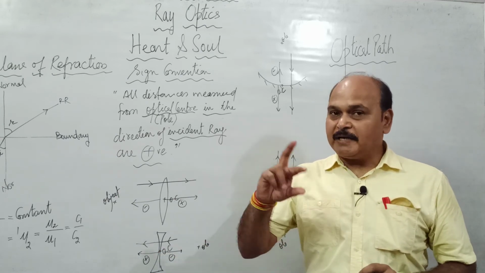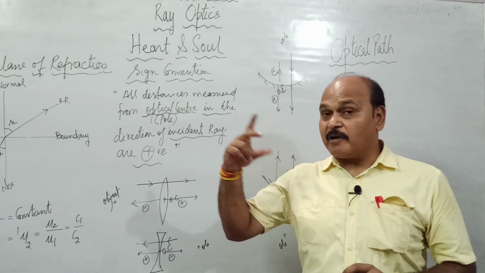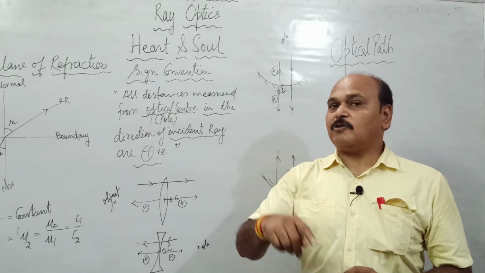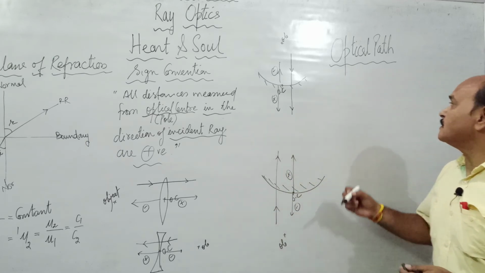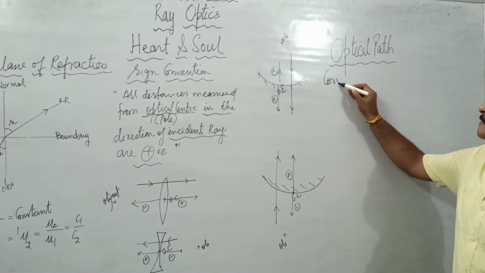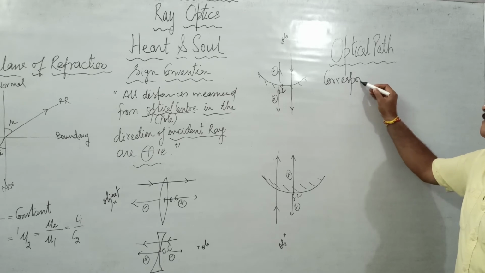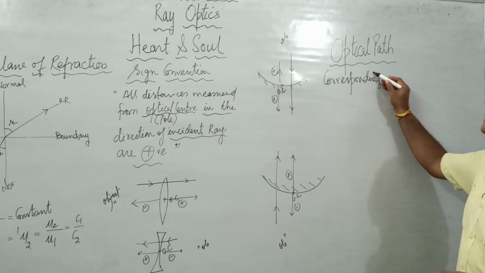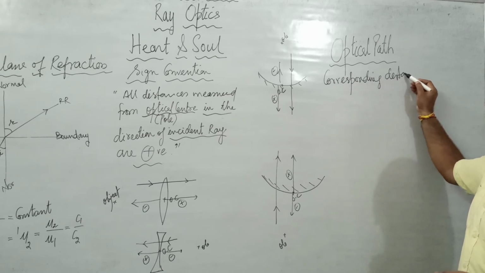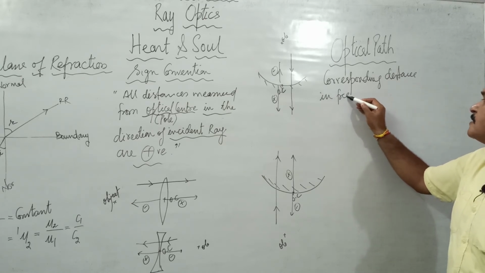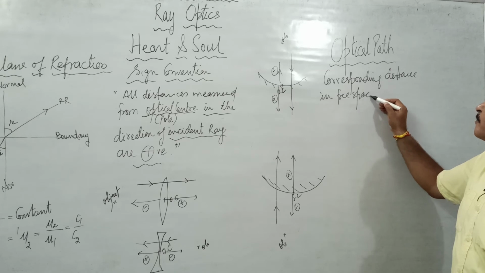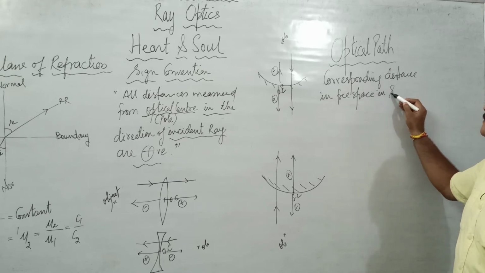The optical path is the corresponding distance in free space or vacuum in the same time.